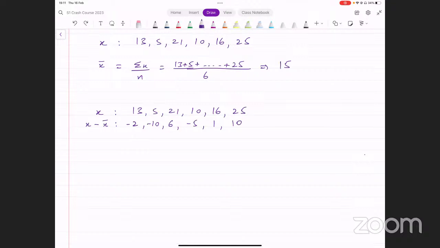So we say, let's square x minus x bar, because whenever we square something, the negative signs become positive. So x minus x bar whole square gives the first value as 4. The next value turns out to be 100. Then 6 squared is 36. Then you have 25. Then you have 1. Then you have 100 again.